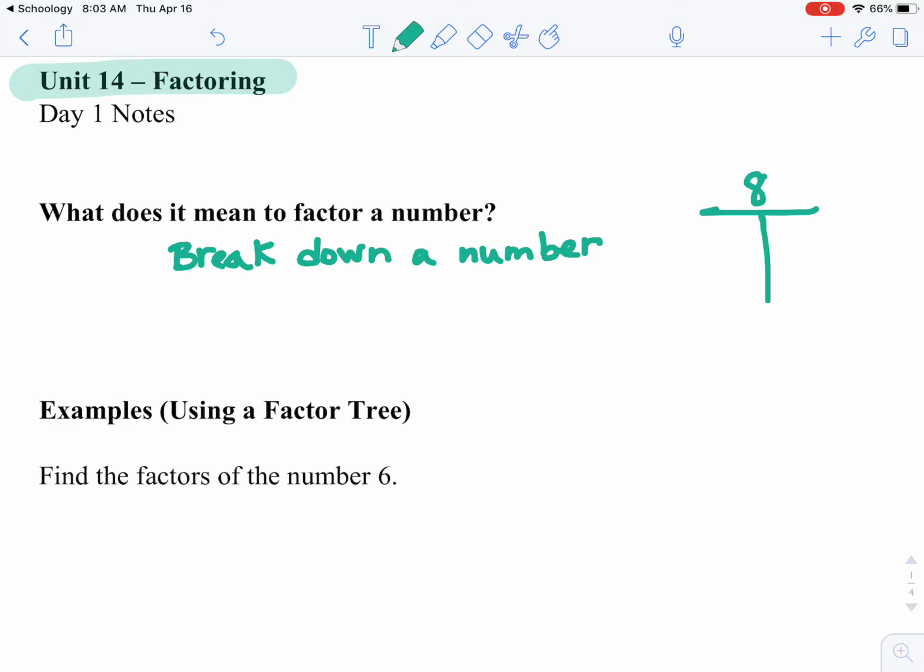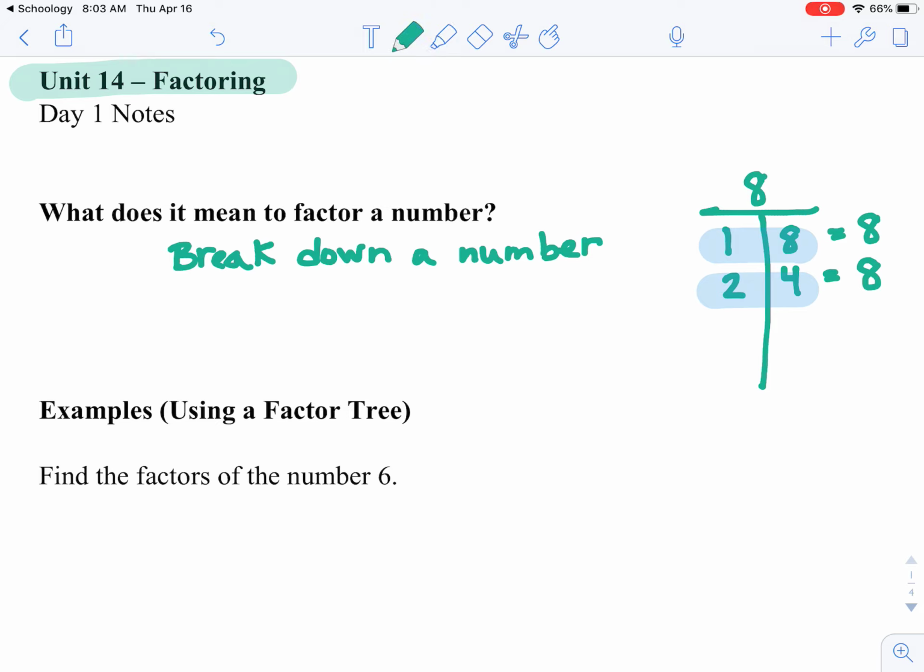I am looking for ways that I can break down to get to the number 8. So I can take 1 times 8, that equals 8. I can take 2 times 4, and that equals 8 as well, right? So I can find factors of the number 8 by breaking down that number.